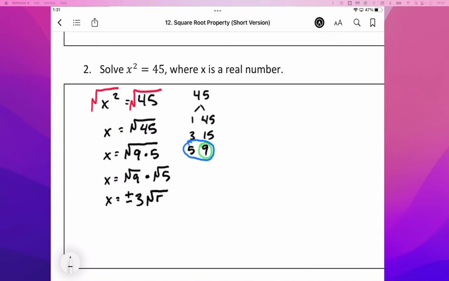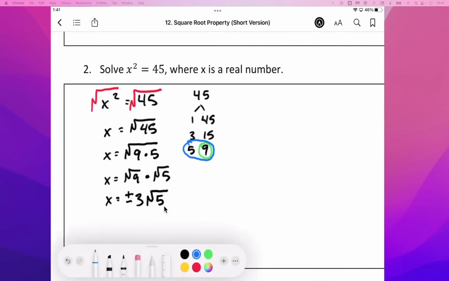And then you could put a multiplication symbol, but we just assume multiplication if we write the square root of 5 right there at the end. So either one of those is okay. And so again, this is one way to write what the solution would be. I'll box that one in blue.